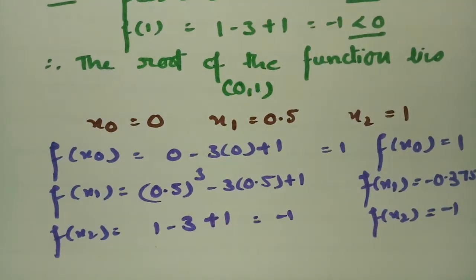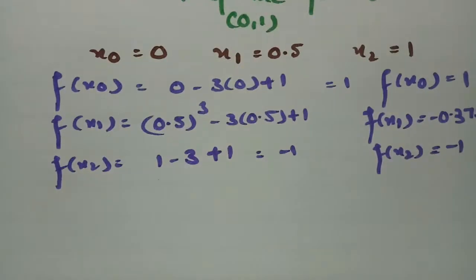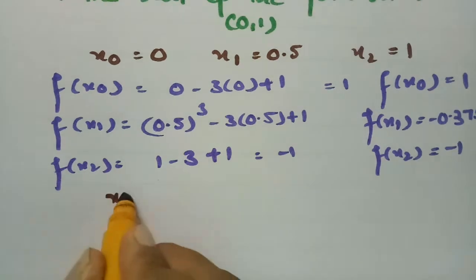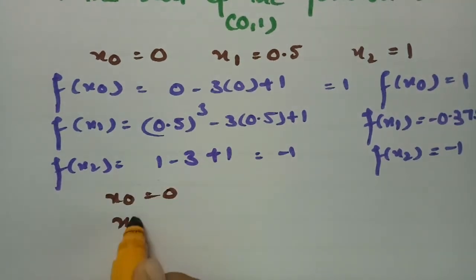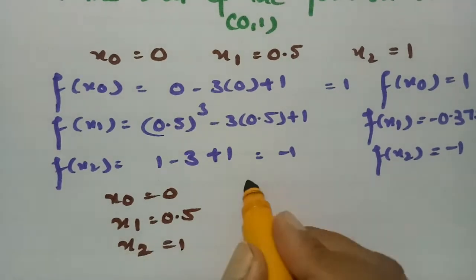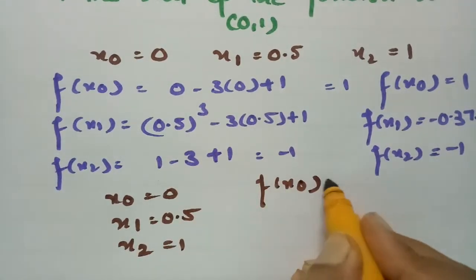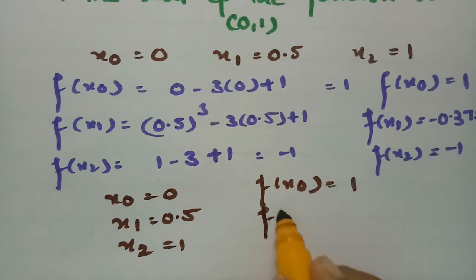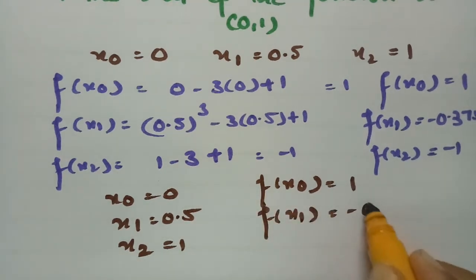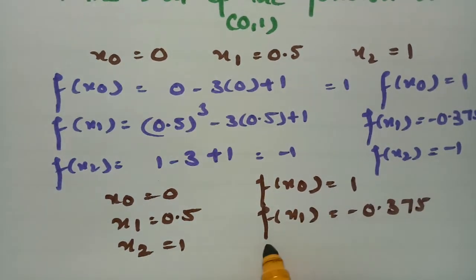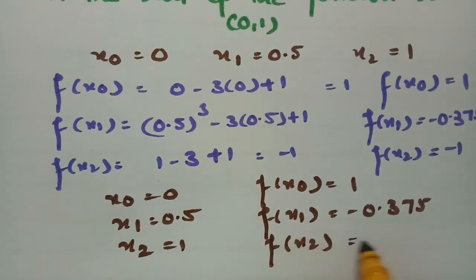So all our 6 values are ready here. What are those 6 values? We have x0 as 0, x1 as 0.5 and x2 value is 1. Now f of x0 value is 1, f of x1 value is minus 0.375 and f of x2 value is minus 1.